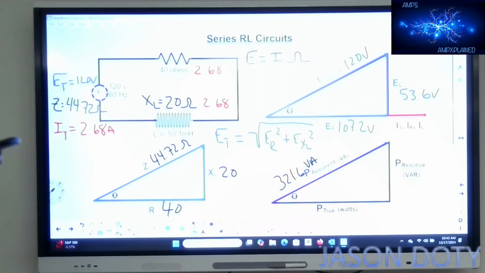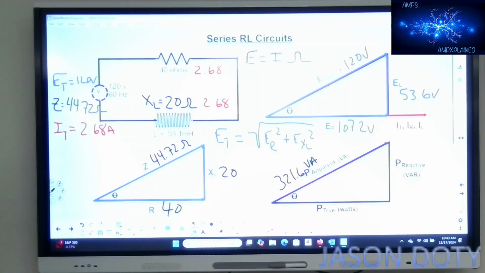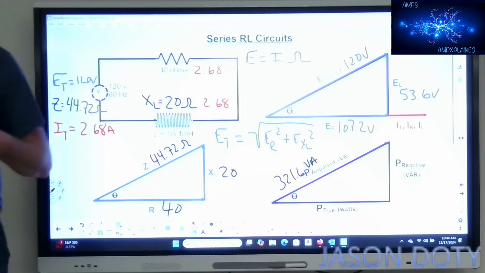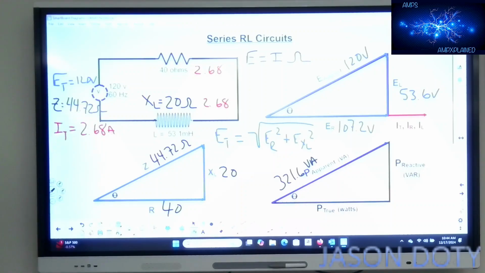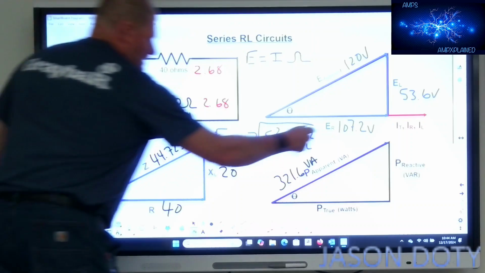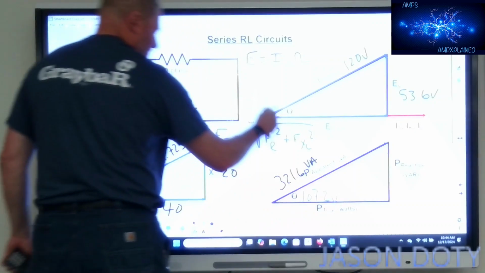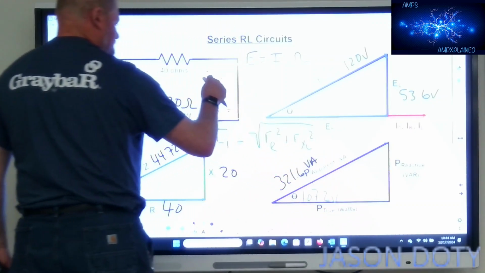That's the easy bit. The harder thing to figure out would be, how do I solve for true power, the power that's not wasted, the power that goes through the resistive part of the circuit, where it uses all that power to perform work over time for us, which we call watts. Well, that goes through the resistor. You have your 107.2 volts and your 2.68 amps.